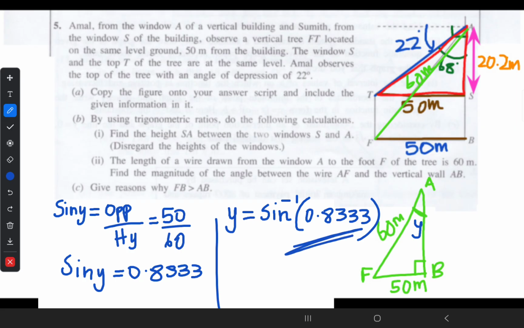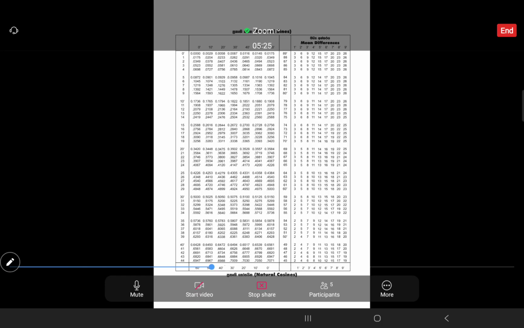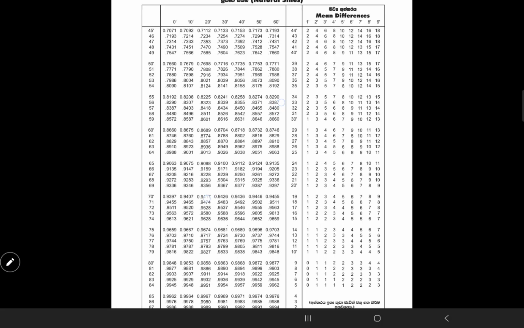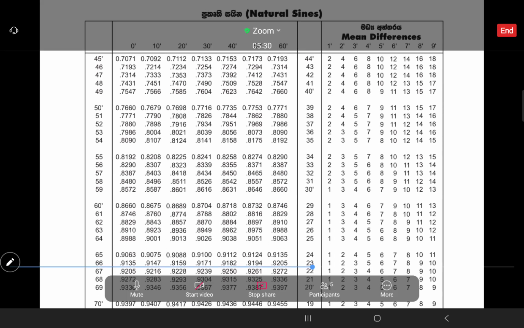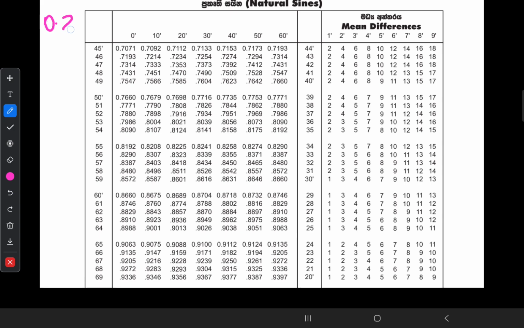So in natural sines, 0.8333 is what we need to find. Here we have 0.8323 and 0.8339, but actually we need 0.8333. 0.8333 is not here. 0.8323 is there and 0.8339 was there.